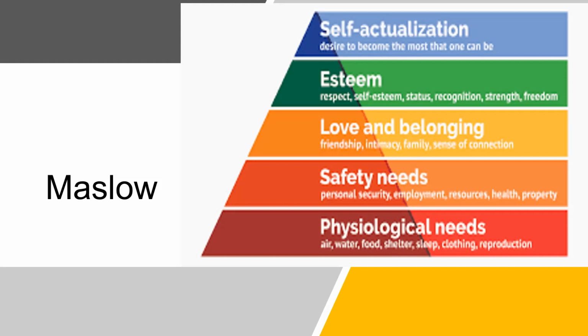And why are we learning this theory? We're learning this theory because you need to be aware. The people that you are leading, where are they on the strata of life? Are they on the first level? If they're on the first level, then giving them basic needs will be enough. If they're on the second level, then giving them some form of security would be enough.